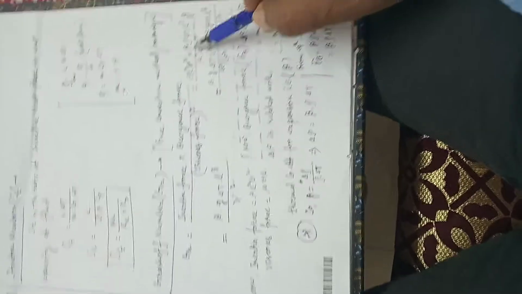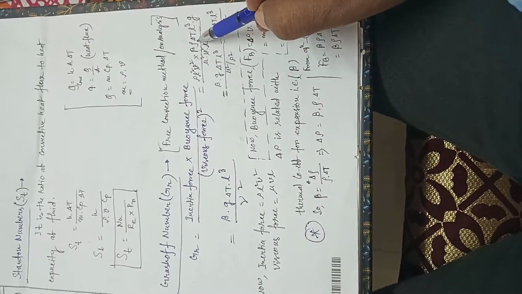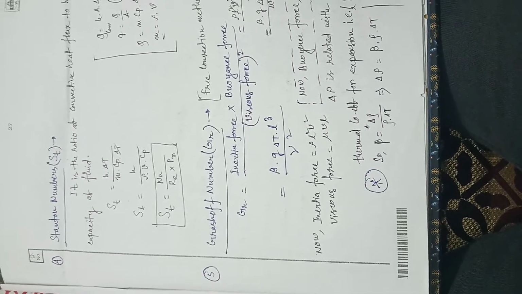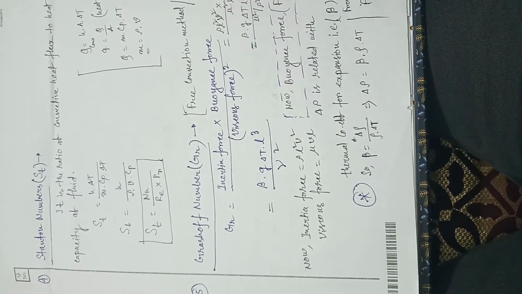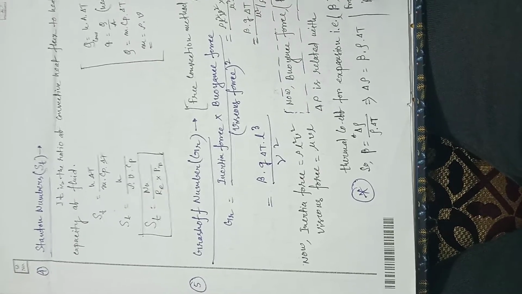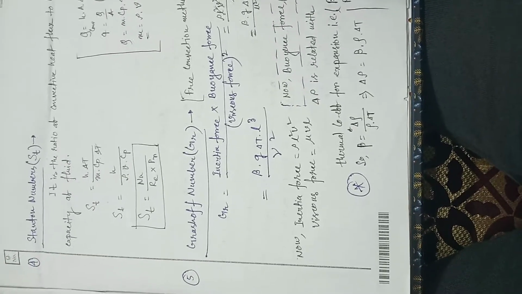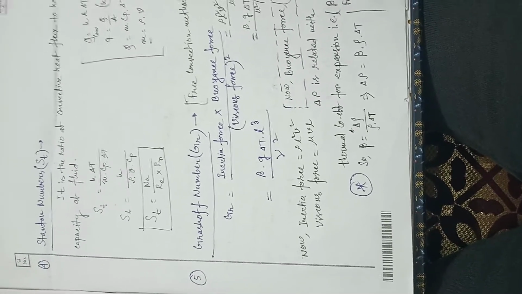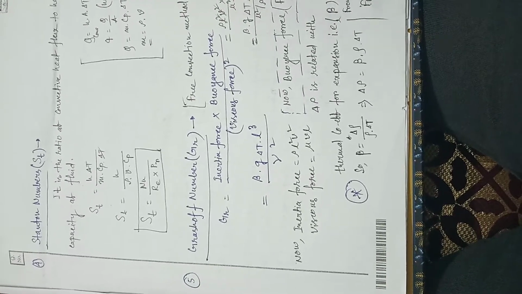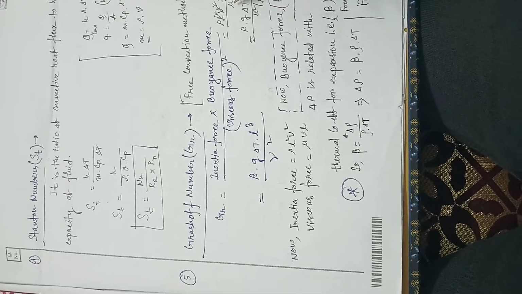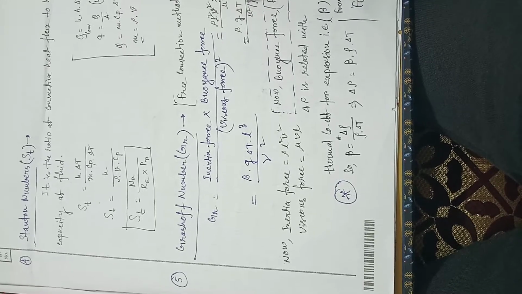Beta is the thermal expansion coefficient, density, temperature gradient, volume, into g, the acceleration. Now the rho term we will get, so beta g del T L cube, and L cube by mu square and rho square, getting 1 by rho square.